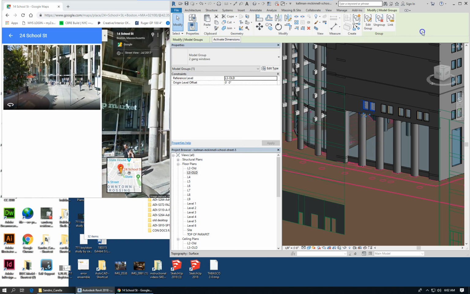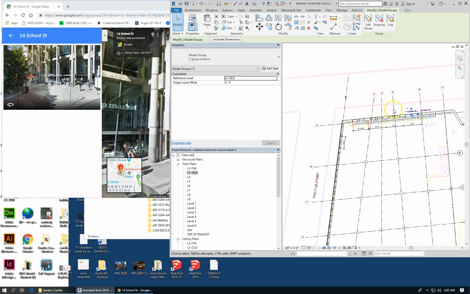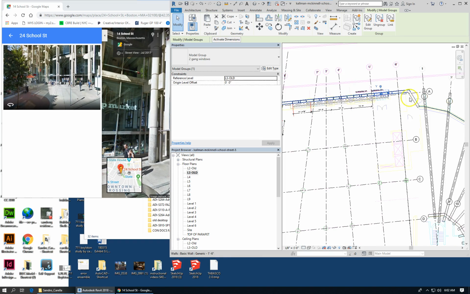Oh, I'm just missing them in here. I still have them on the clipboard, so you go here. Naturally, over the doors below, right? And then there's nothing there.